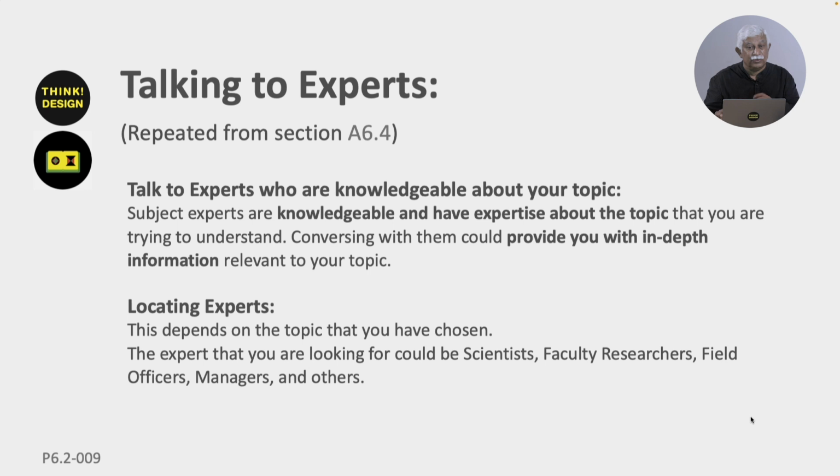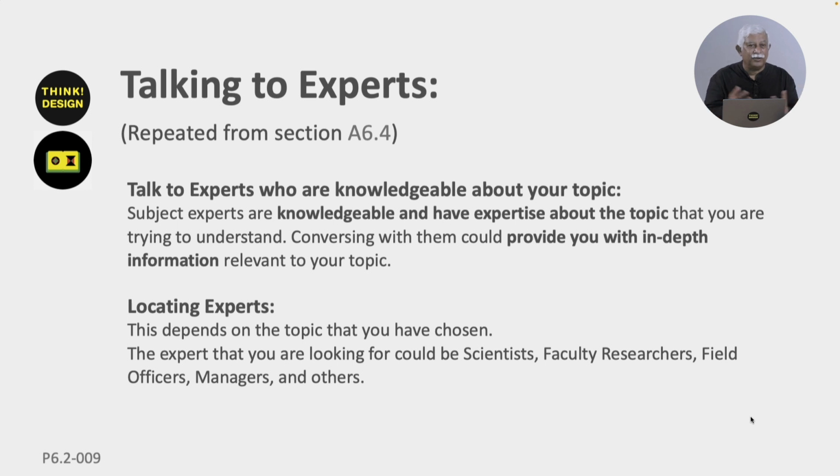So you need to locate where these experts are. The ones that you're looking for could be scientists working in this field, faculty who do research in the topic, field officers, managers, or other experts. Especially anybody who's been working in this particular area and you think has the knowledge, you need to locate these experts, get permissions, make appointments, and then go and talk to them.